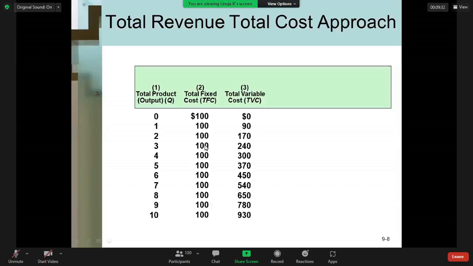So then total variable cost. Variable cost means something variable, not the fixed things. For producing the sugar, you need sugar cane, right? You need some sugar cane for the first kilo. For the second kilo, you need some additional sugar cane in order to produce the sugar.